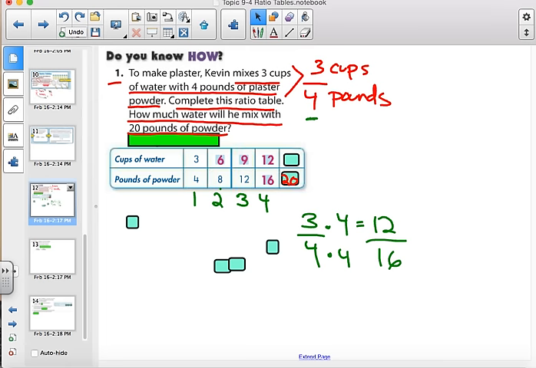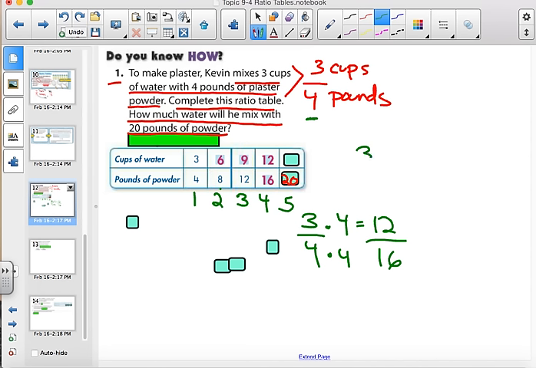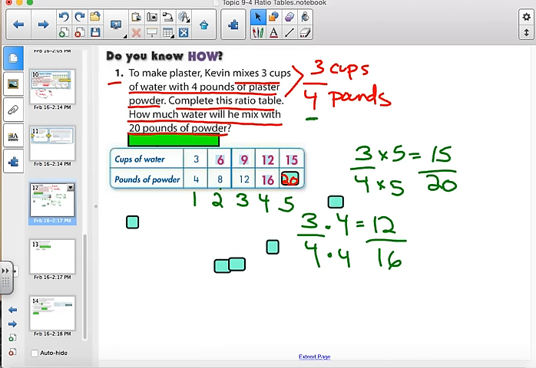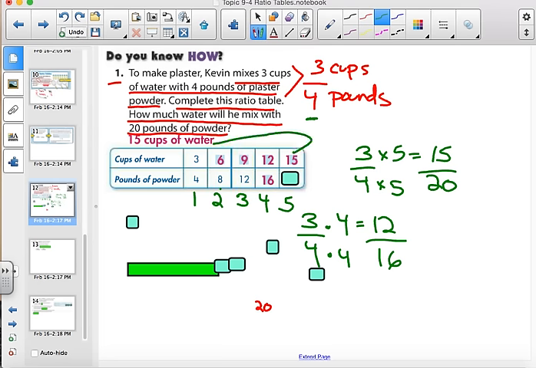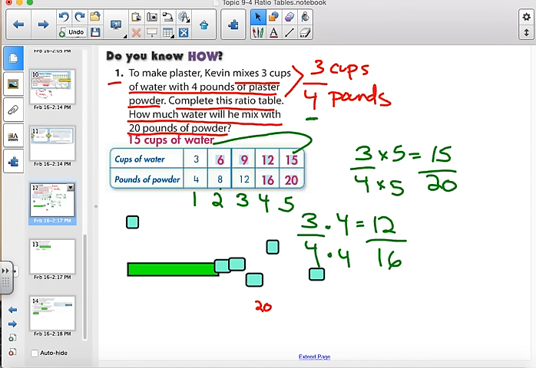And then our goal, of course, is 20, so now we're in the fifth column, so we're going to take our initial ratio, multiply by 5, and we would get 15 to 20. And that tells us that we would need 15 cups of water if we had 20 pounds of powder.